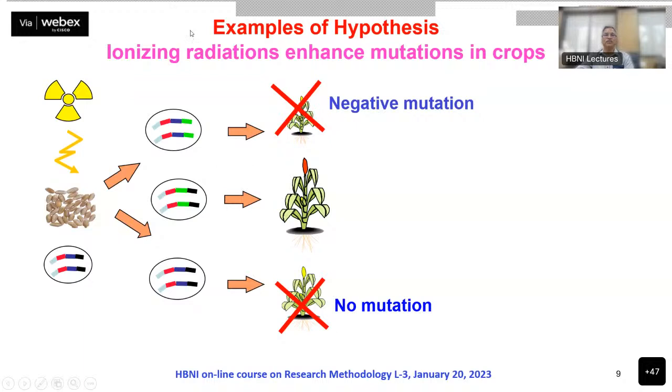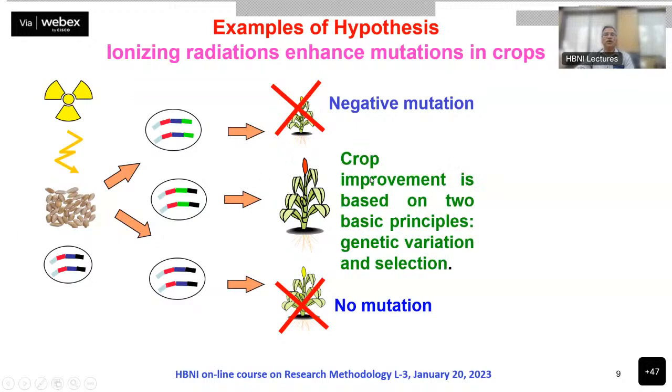In terms of height, a negative mutation means the height is reduced. If your purpose is to increase the height, here there is no effect on the height or the quality of the seed, whereas here the height is good and the seed quality is good.